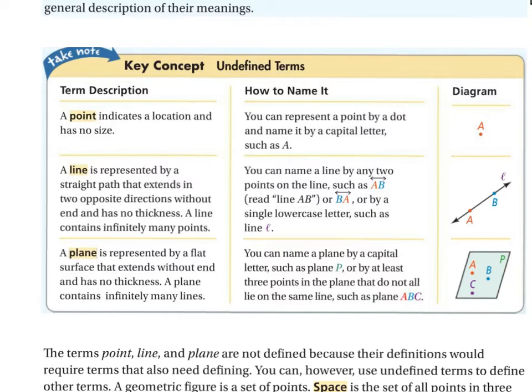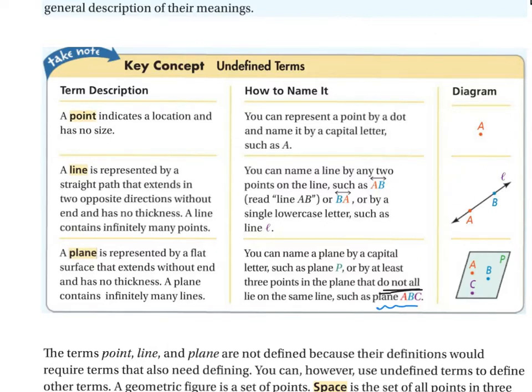If this P is on there, you can name it plane P. That P is just to describe it. It's not a point. Another way you can do it is if you name 3 points that are not all on the same line. So you don't want that, but you would name it as plane ABC.